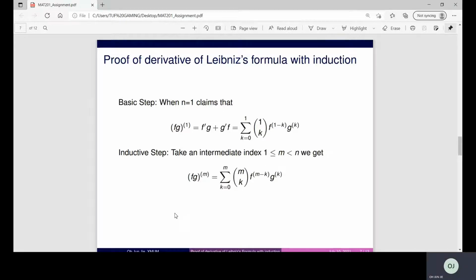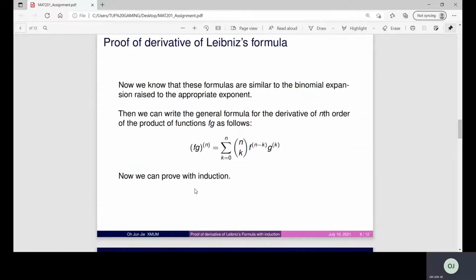Then the inductive step: we can take an intermediate index m less than n, and we'll get the sum from k equals 0 to m of the binomial m choose k times the derivative of order m minus k of f times the derivative of order k of g, same as the previous formula that I said.